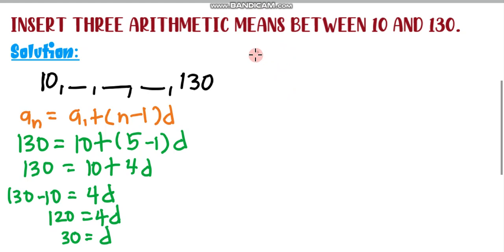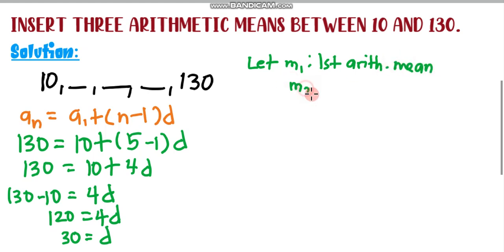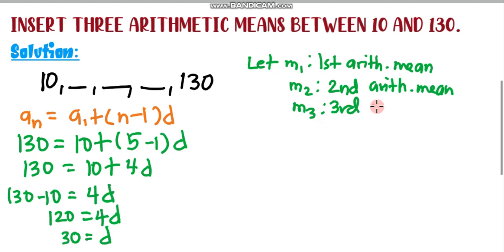So, let M sub 1 be our first arithmetic mean, M sub 2 be the second arithmetic mean, and M sub 3 be our third.